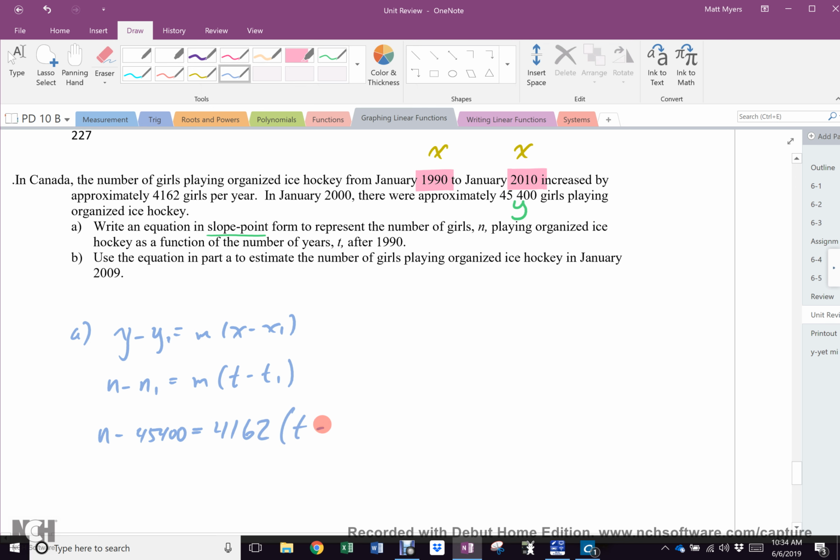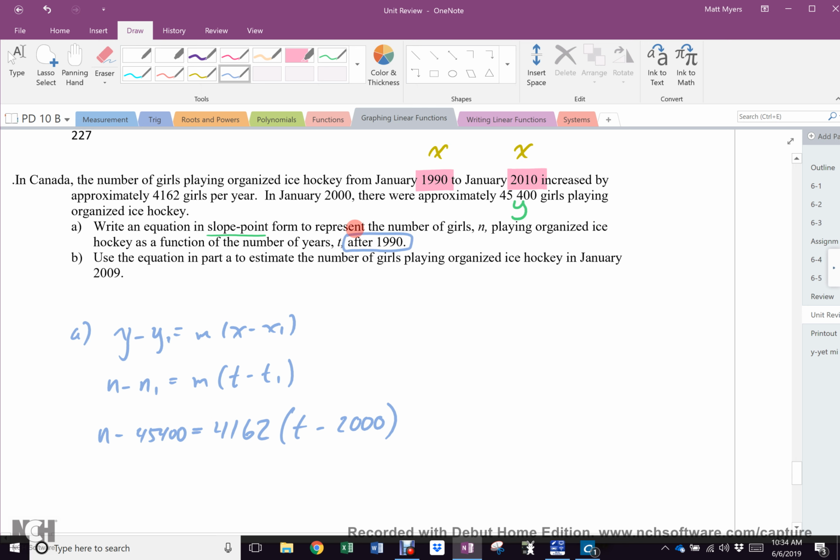T minus what? Which is it? People are all over the map again. 2,000, because that's the point I know, because in the year 2000, 45,000 girls were playing hockey. Now, read the rest of this question.